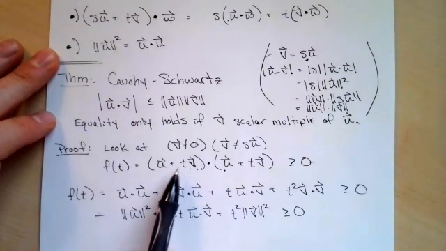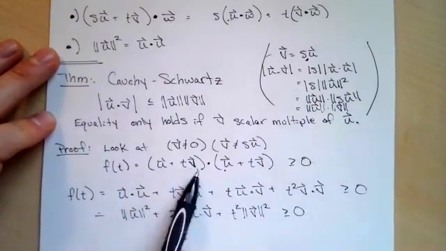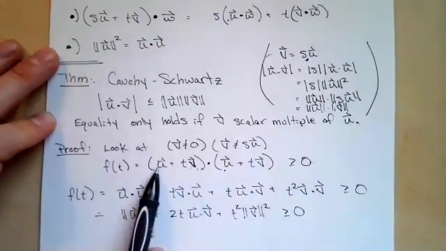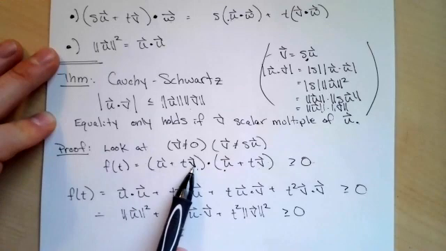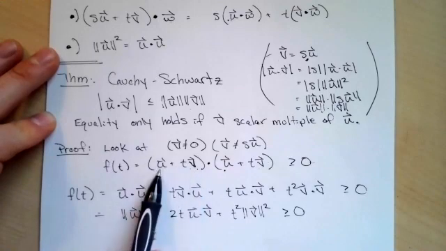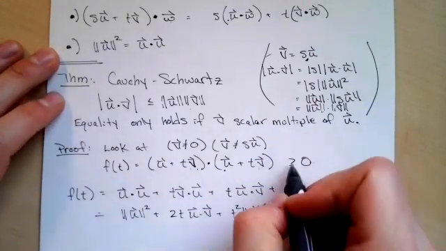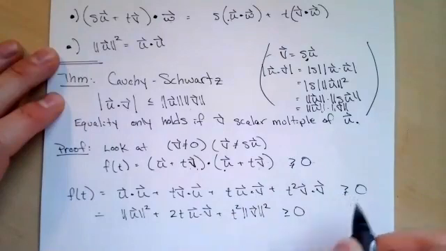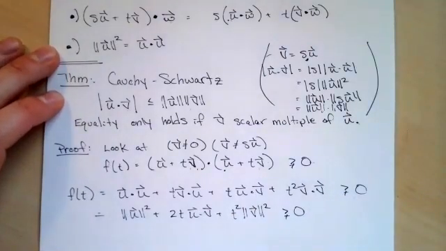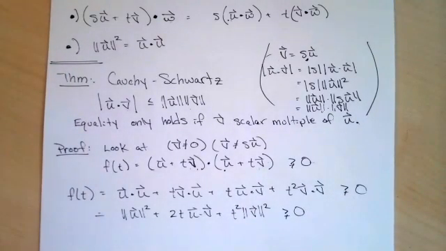Since v is going to be pointing in a different direction than u, I cannot take a linear combination of u and v and have these vectors be 0. So if I'm taking a dot product of a vector with itself, and that vector is non-zero, we are going to have strict inequality. Namely, the dot product is going to be specifically greater than 0.